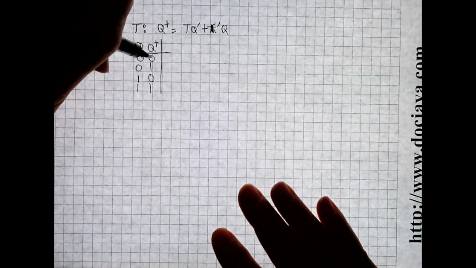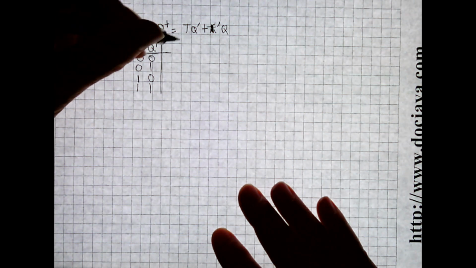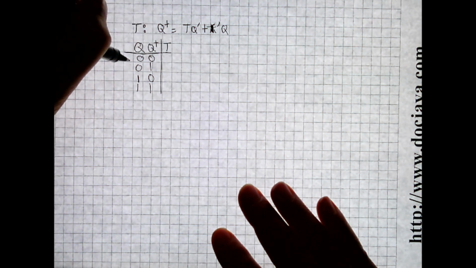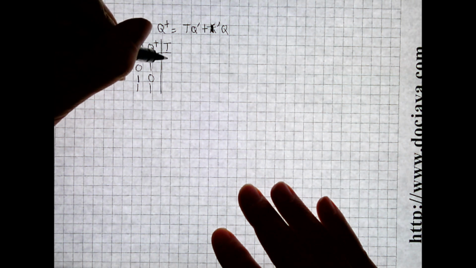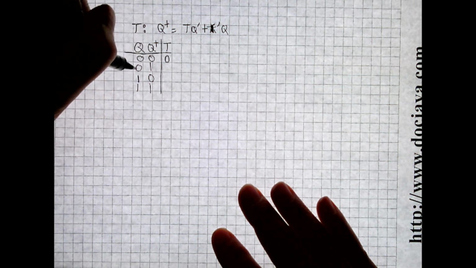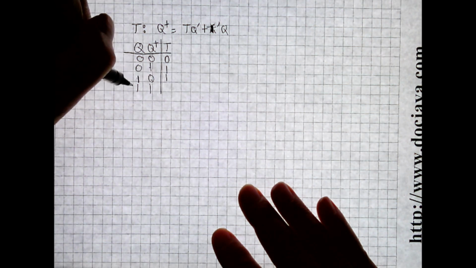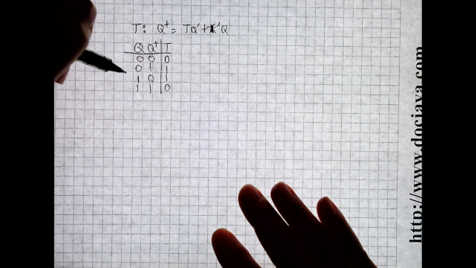If you want to toggle, then what you do is you put in a 1. So if it changes, you put in a 1. Here it's changing, you put in a 1. Here it doesn't change, you put in a 0.